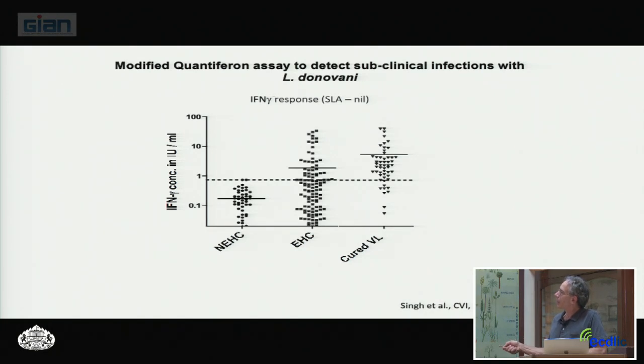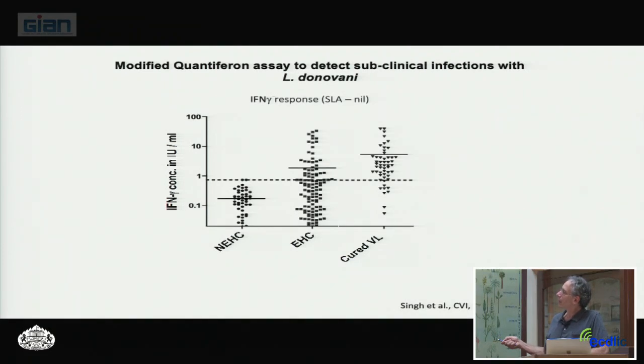Amongst the endemic healthy controls from the endemic region, about a third of them responded. These were considered exposed and immune individuals. The only other way they had identified asymptomatics before was seroconversion, but in fact this is a better way to identify exposed and immune individuals.